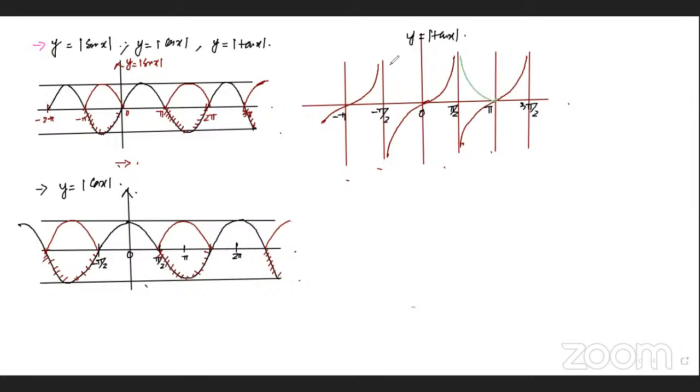After that it rises and comes down like this. This portion will be clipped. Right? So this is my mod of tan x, and many more other functions you can do. You can take the modulus of many other functions like that. Now, did you understand this thing or not? Did you understand?